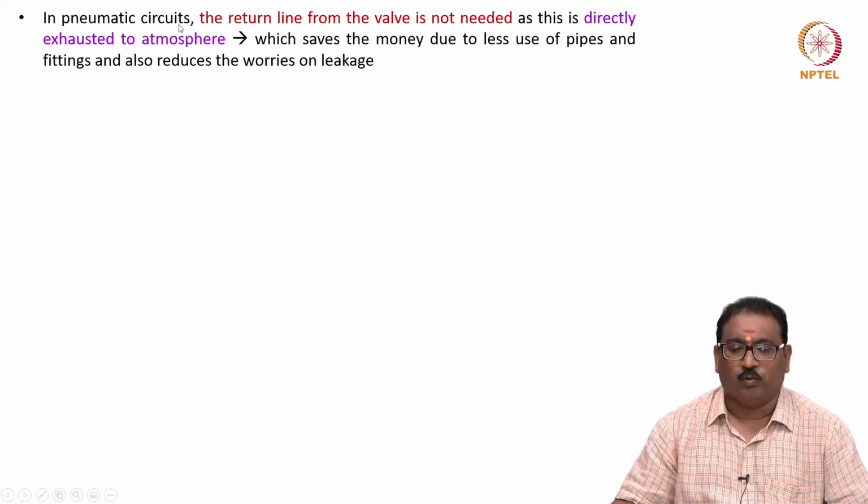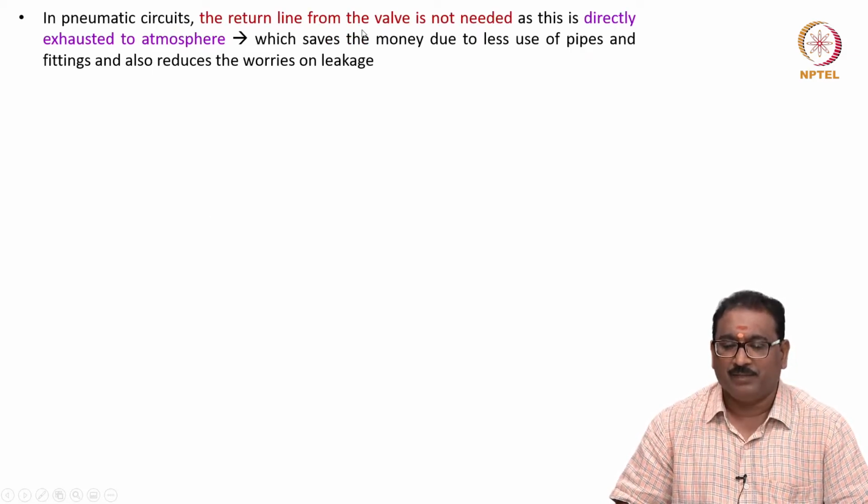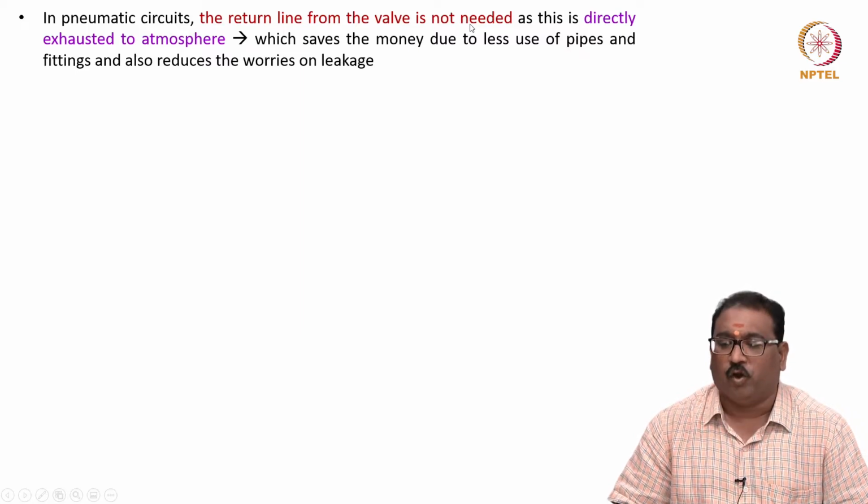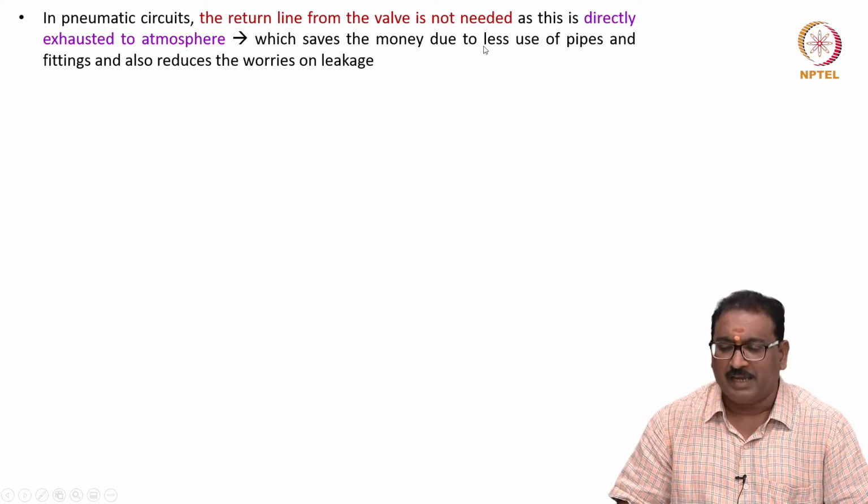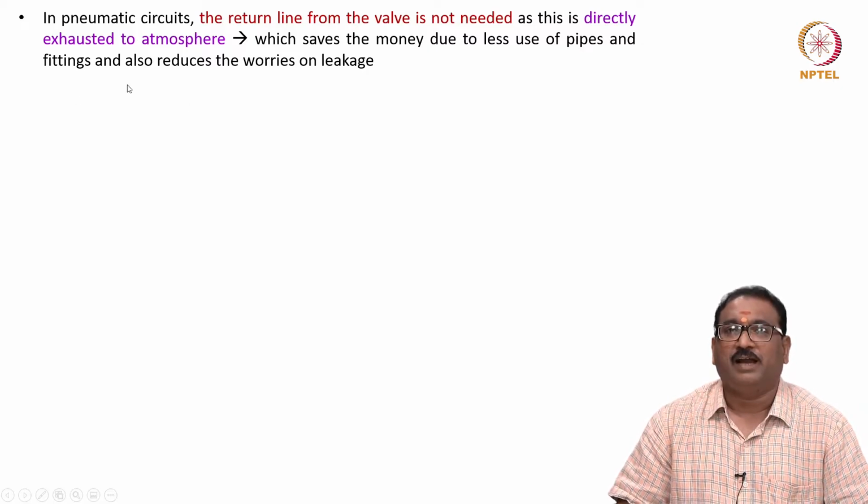In pneumatic circuits, the return line from the valve is not needed, as the air is directly exhausted to the atmosphere, which saves money due to less use of pipes and fittings and also reduces the worries of leakage.